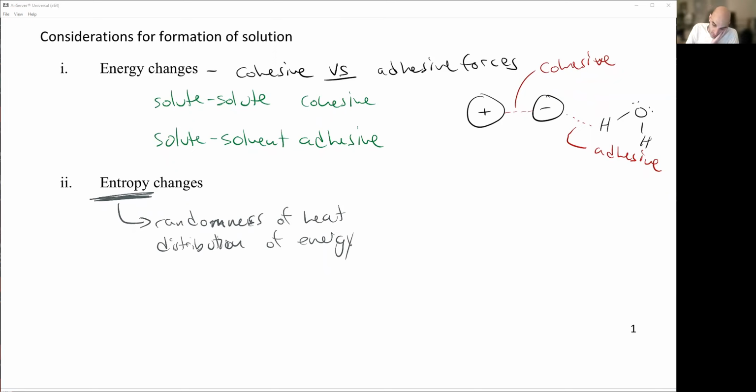We are going to get to entropy eventually, but what I really want to say about it until we get to thermodynamics is this: entropy is always increasing. Nature is always moving towards some kind of randomness. It always wants to disperse energy better.